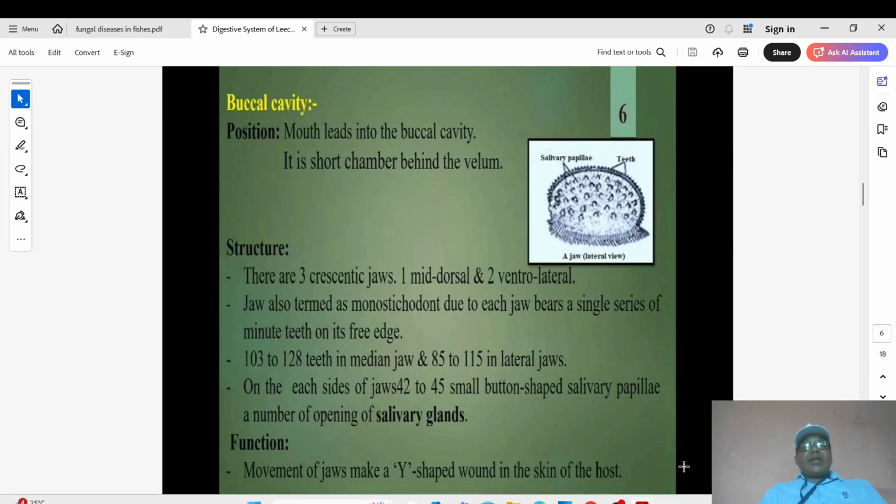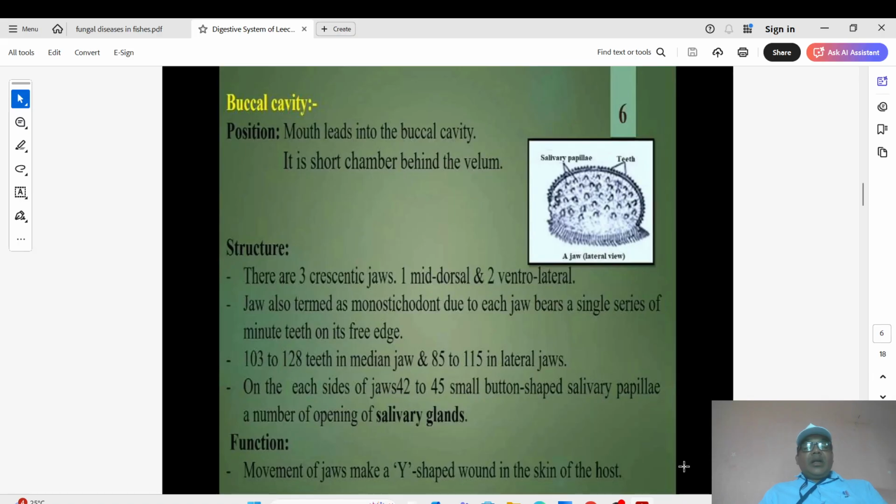Now the structure, there are 3 crescentic jaws, one mid dorsal and 2 ventrolateral. Jaw is also called monostichodont because each jaw bears a single series of minute teeth on its free edge.